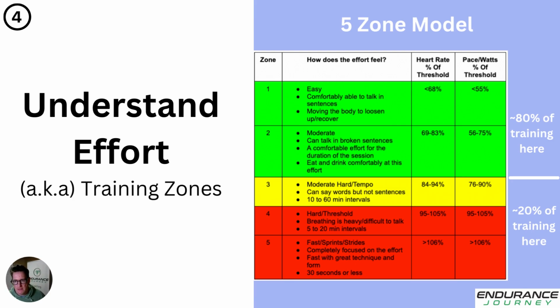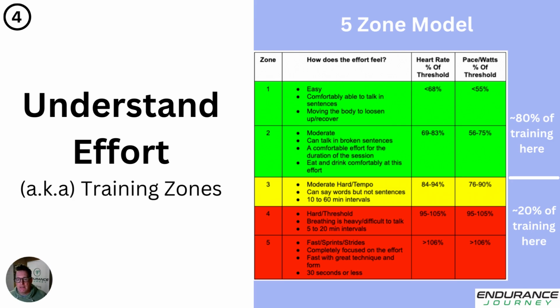Now the next 2 columns to our right here, heart rate as percent of threshold and pace watts as percent of threshold, gives you an idea if you're following heart rate or if you're following pace for running or watts on the bike for power. Gives you a percentage of your threshold power or threshold heart rate or threshold pace that you should be holding in each of those zones.